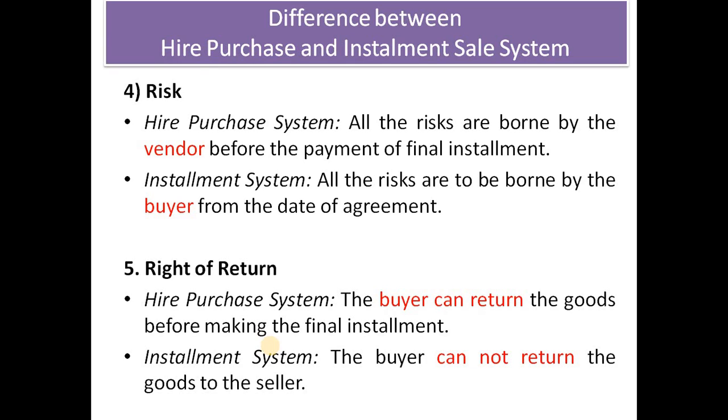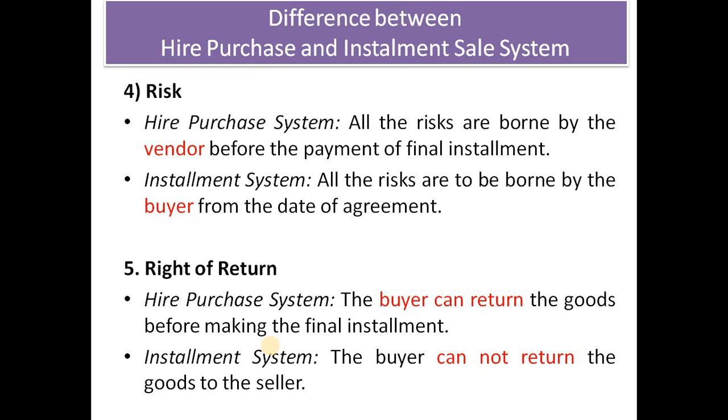So this is again a big difference between hire purchase and installment sale system. The next point is point number 4, risk. Hire purchase system, all risks are borne by the vendor before payment of the final installment because he is the owner. And in case of installment sale system, all risks are borne by the buyer because he has become the owner. Right of return.